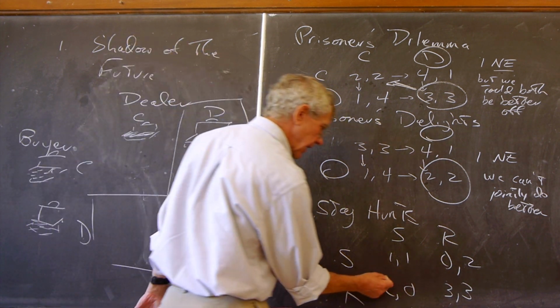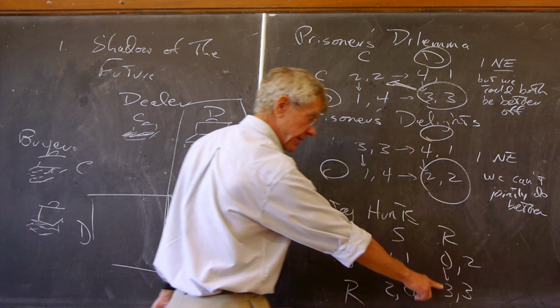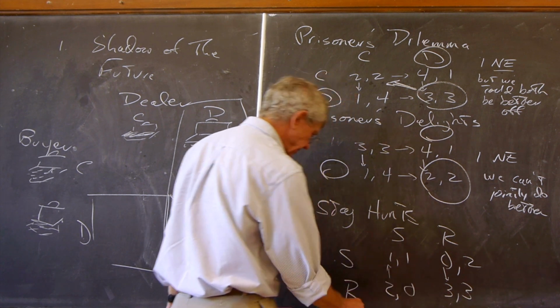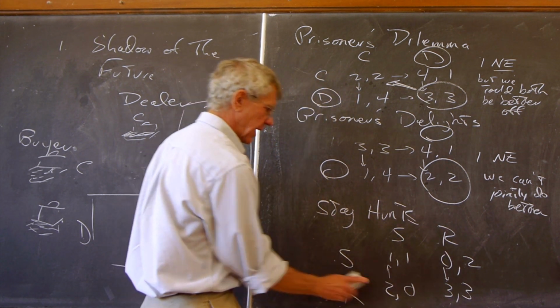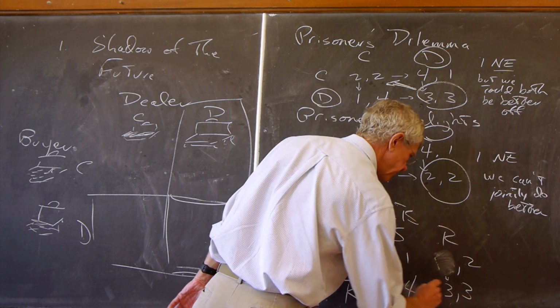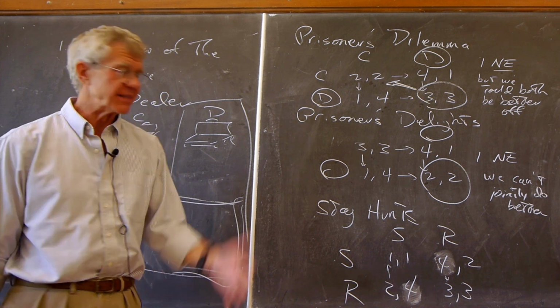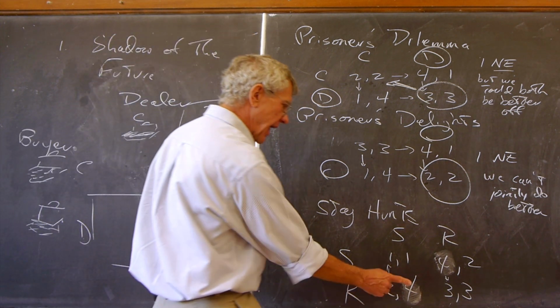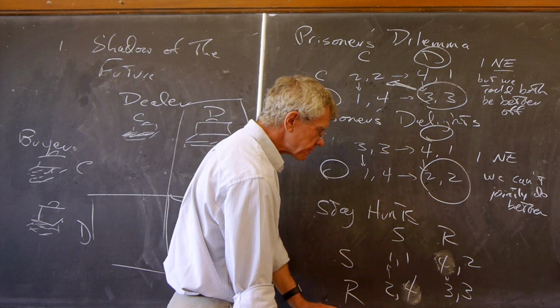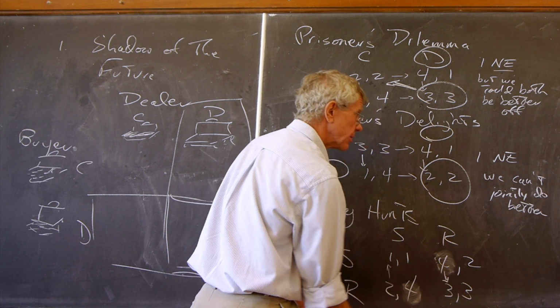What happens here? I'd rather get my first choice than my second. Sorry, now I've screwed it up because these zeros ought to be fours. I started thinking, I get nothing, so that's zero, but that's not what I want to do. Okay, that's my last choice. So now I think, okay, I don't have a dominant strategy here.